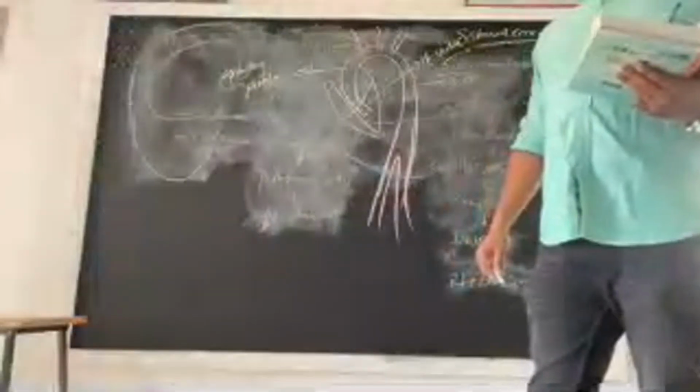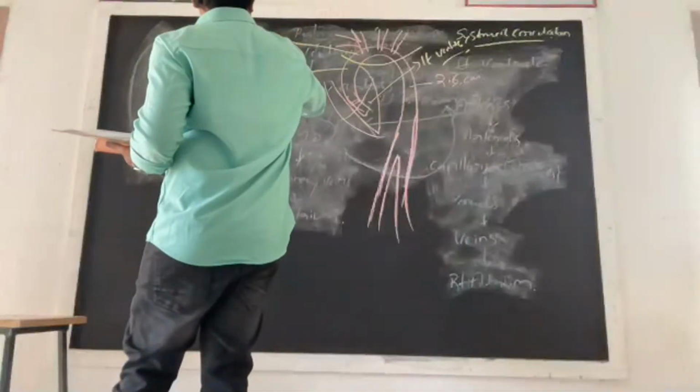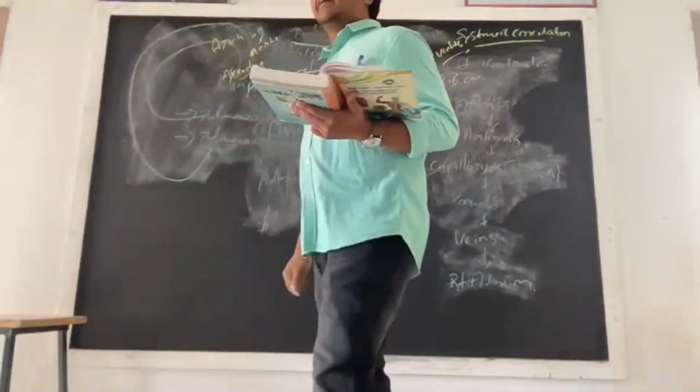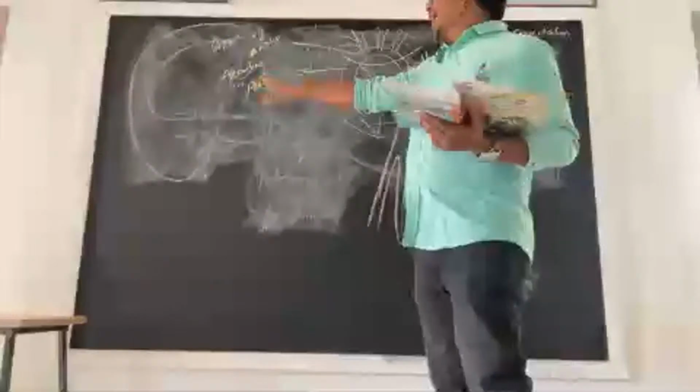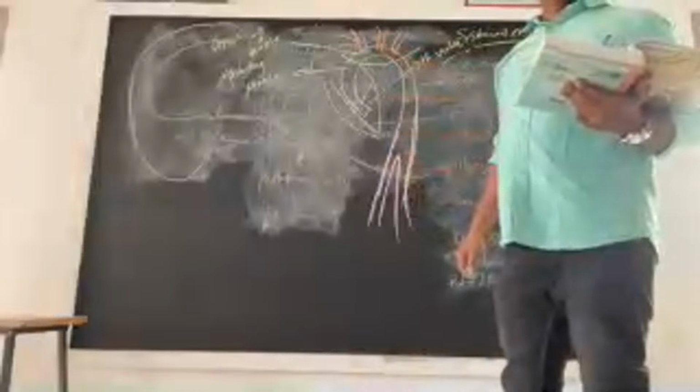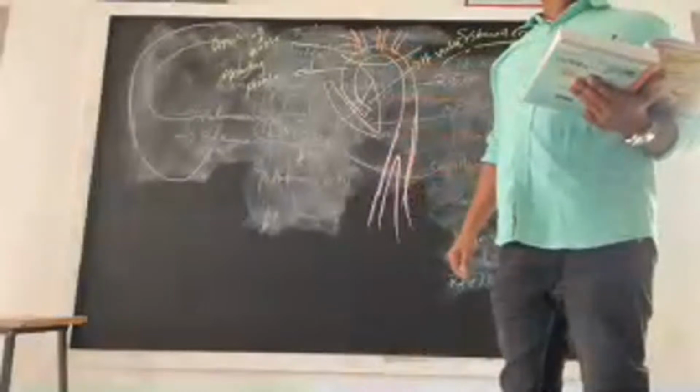Because this part, whatever you are seeing, is going in an upward direction. Now, what is this arch of aorta? Am I clear? We have the ascending aorta. Now, where are the arteries which are arising here?